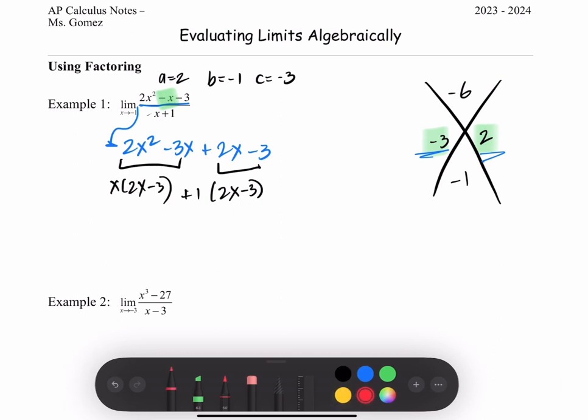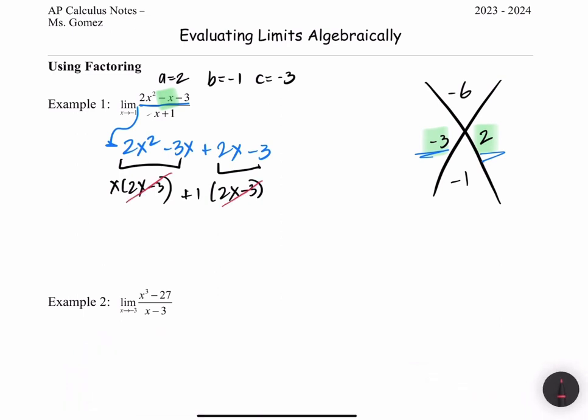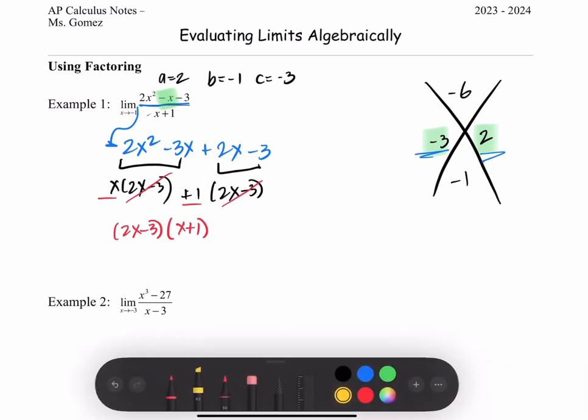And so looking at this expression as a whole, each term has a 2x minus 3, so I'm going to factor the 2x minus 3 out, and what's left over is x plus 1. So really, my expression of 2x squared minus x minus 3 can be rewritten as these two binomials once we are done factoring.